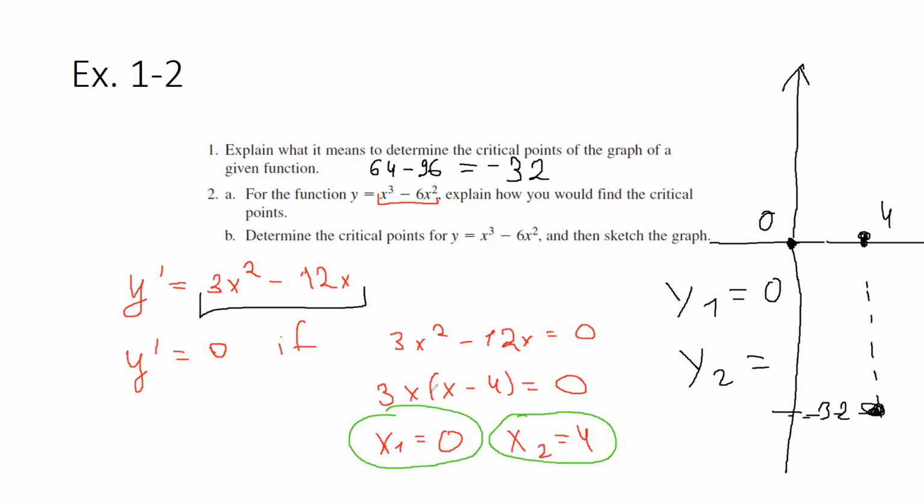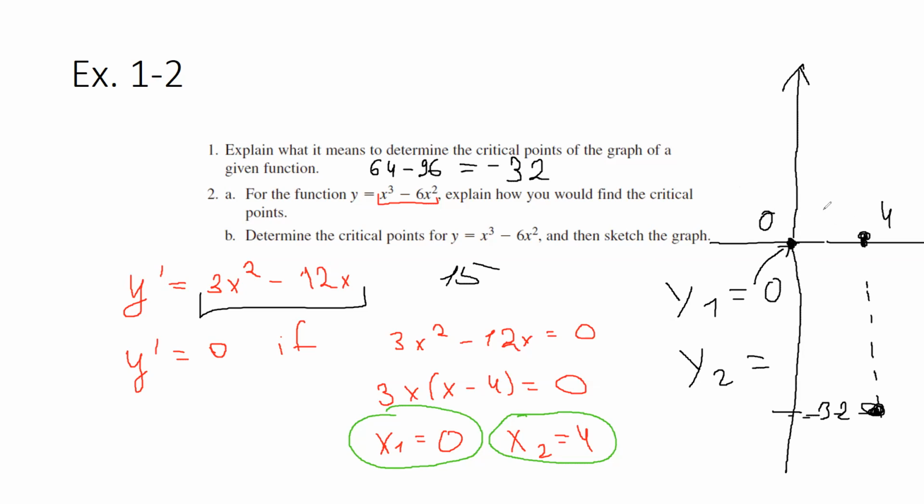I know the derivative. Now I substitute -1 in here, and I see that it's going to be a positive number: 3 plus 12, it's going to be 15, right? So to the left, my function is growing, coming something like this.